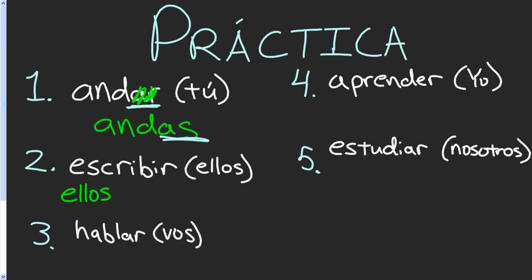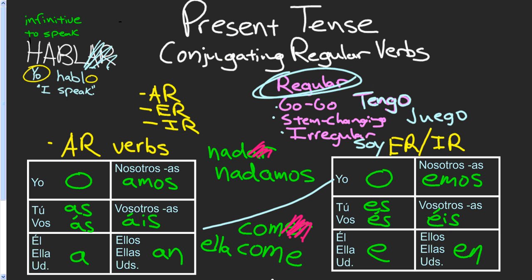Ellos escriben. Now, don't forget that escribir is an IR verb. So that is why we have en at the end of it. Ellos escriben, as opposed to ellos escriban. Right? Escribir is not an AR verb. It does not use the same conjugation charts as AR verbs do.